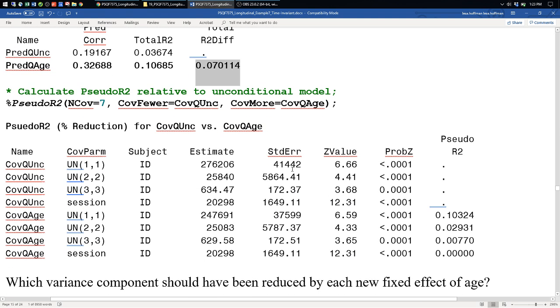Then we have our pseudo R-squares. 10% of the intercept. That goes with the main effect of age. About 3% of age by time, or the time slope that goes with age, and less than 1% of the quadratic time slope that goes with age.